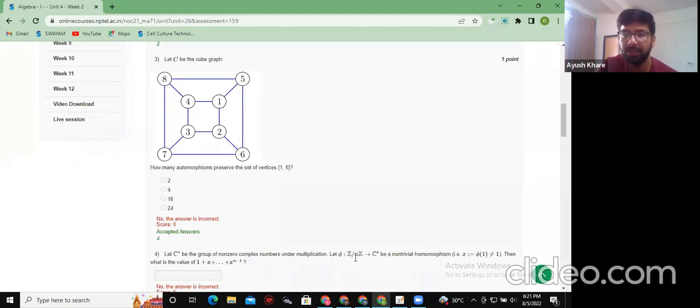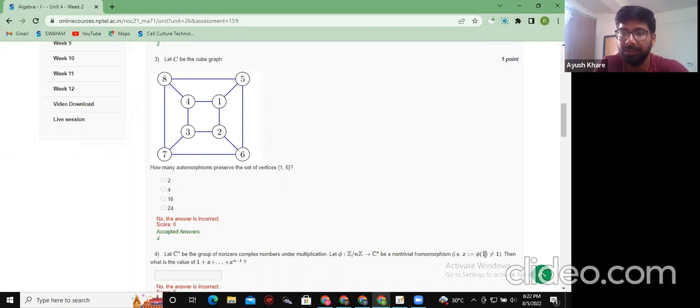And 1 is the generator of Z modulo nZ. So if the generator is mapped to the identity, then everything else would be mapped to the identity. So to say that phi is a non-trivial homomorphism, we need that the image of this 1 should not be 1. These two ones are different.